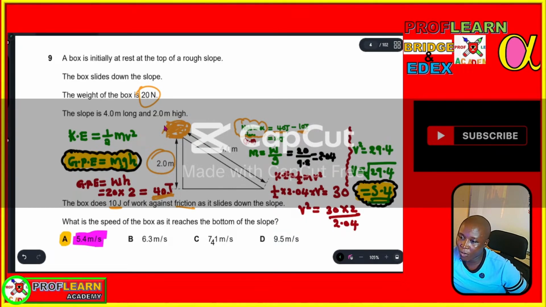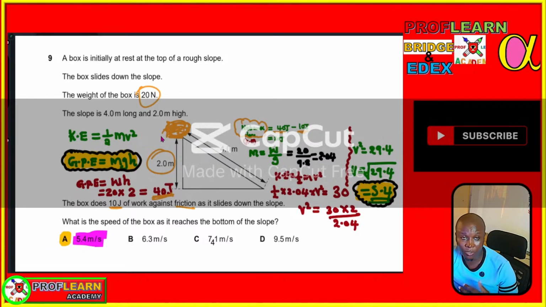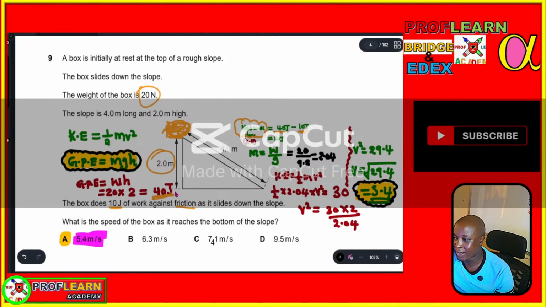Then when it slides down, it's going to work against friction, so part of the gravitational energy will be lost. The energy that is wasted is 10 joules. So the energy that will be converted to kinetic energy will be 40 minus 10, so we shall have 30 joules as kinetic energy.